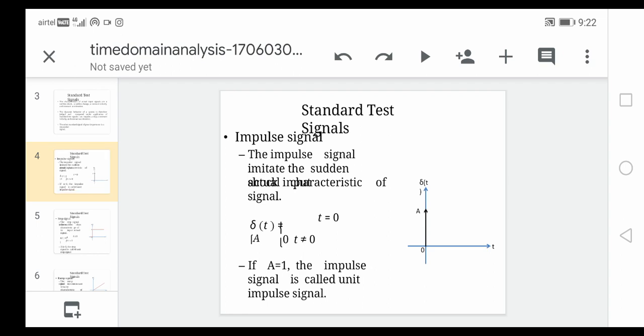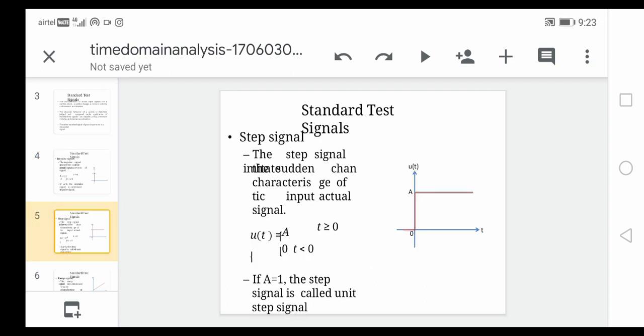When t is not equal to 0, the system response will be equal to 0. The impulse signal is present only at time t equal to 0. In the remaining cases, when t is not equal to 0, delta of t must be equal to 0.